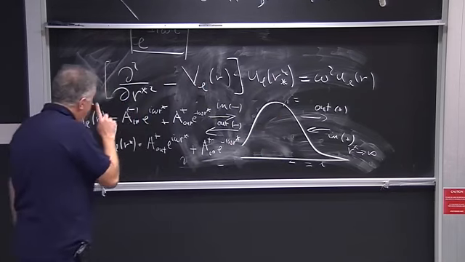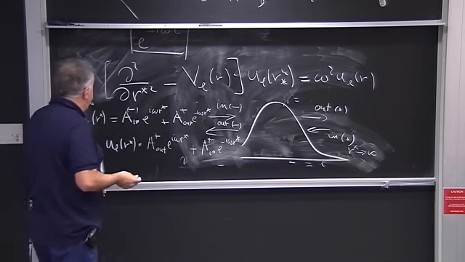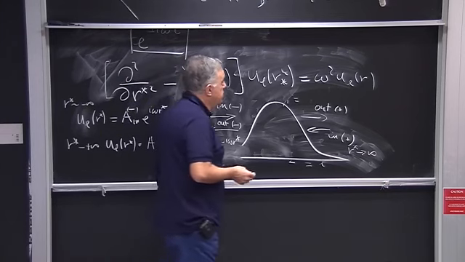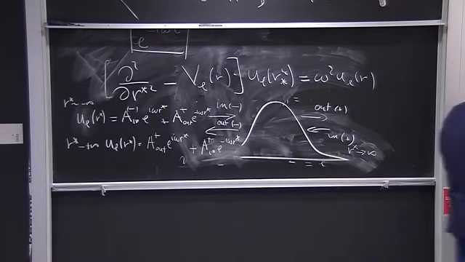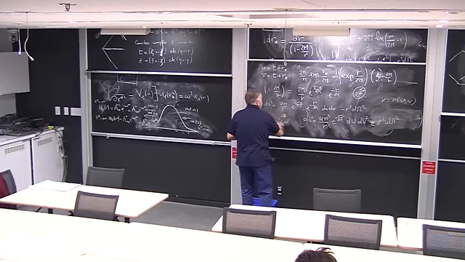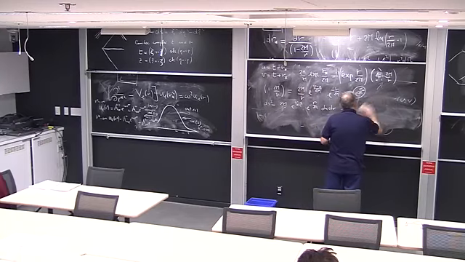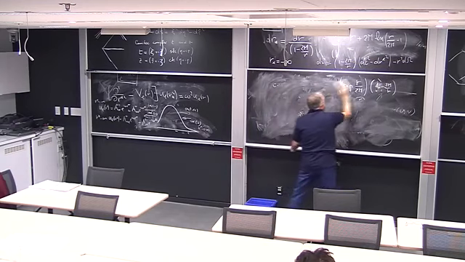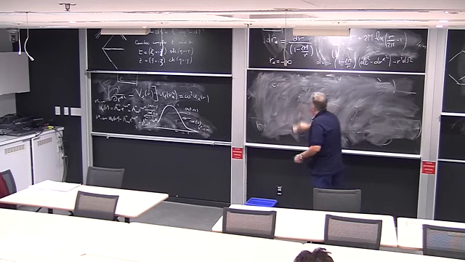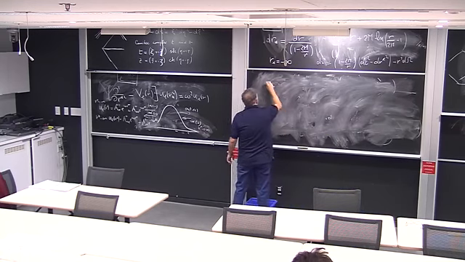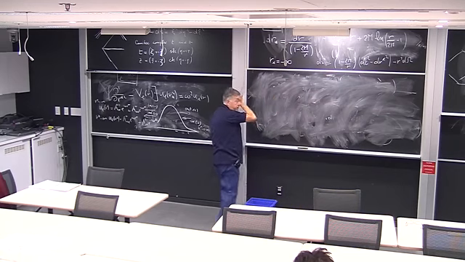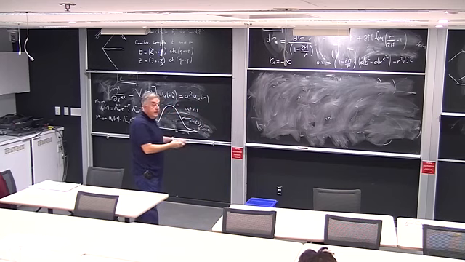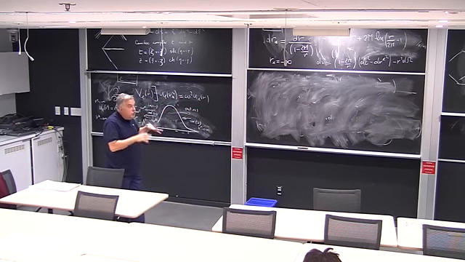Okay. But the equation is linear, so these coefficients are related by a linear transformation. Maybe I can erase this. I don't need it anymore. So we are almost there. Once we have done this, we are ready to compute the Bogoliubov transformation and see that there is a spectrum which is almost thermal.